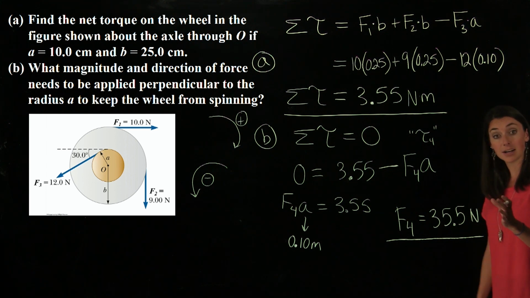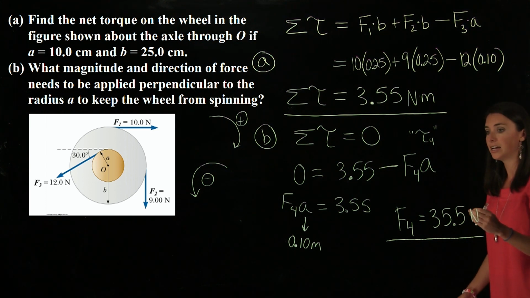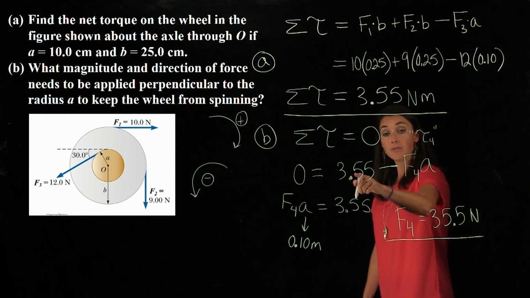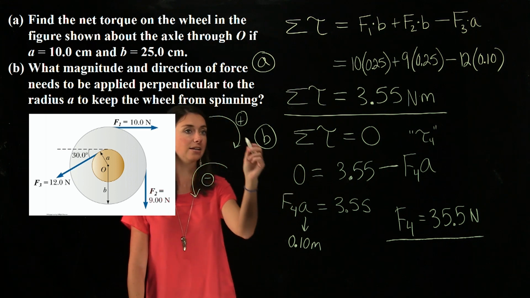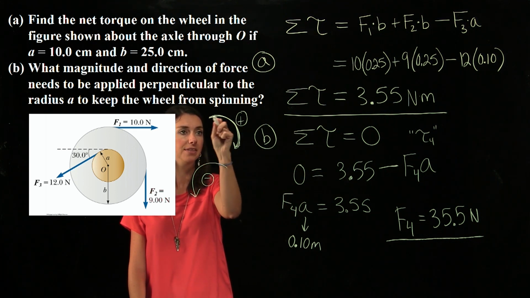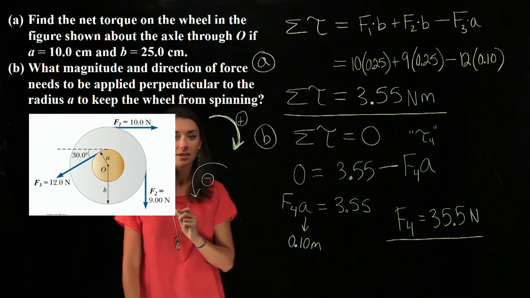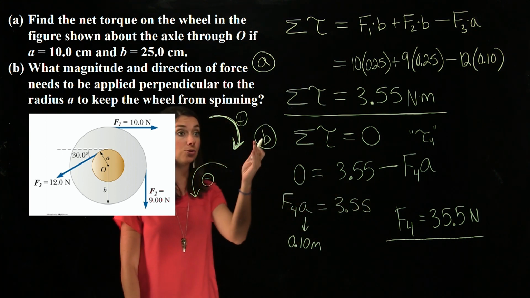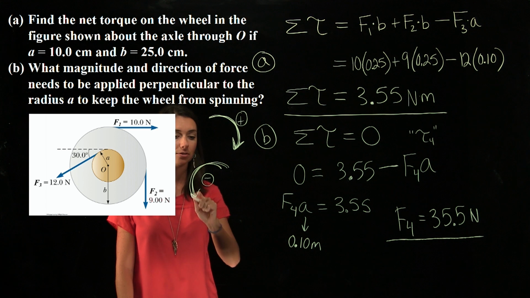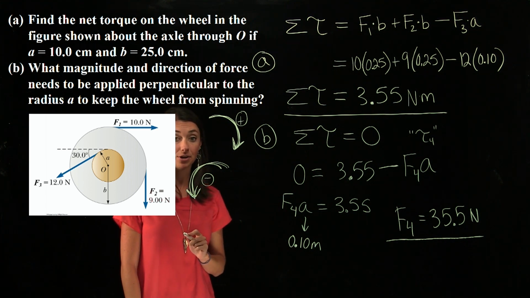And then we need to talk about the direction that needs to be applied. Since we got a positive torque in part A, we know that the wheel is spinning in this clockwise direction. So I need this force to work against that and cause rotation in the negative direction.